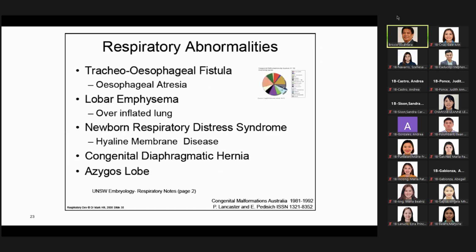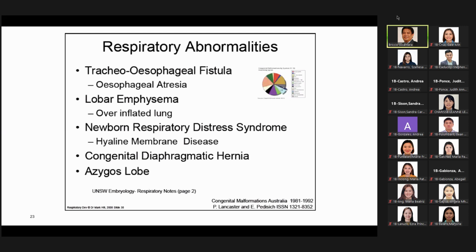Now, during development, especially during the first trimester, any conditions like infection, viral infection, class, any exposure to radiation, to medications, or fertilizers, you may have abnormalities.